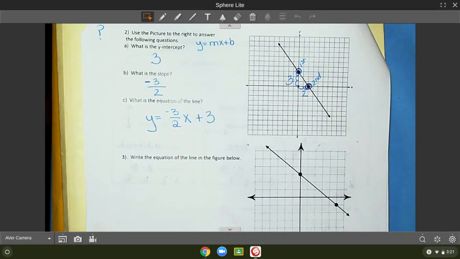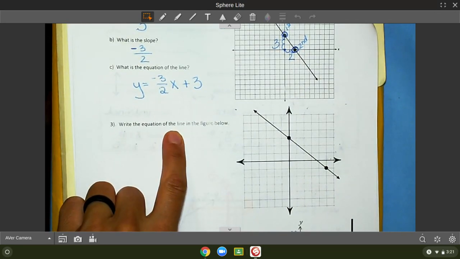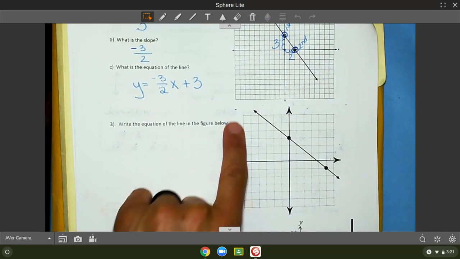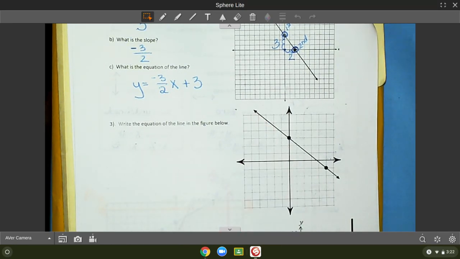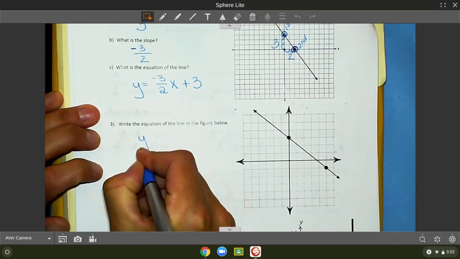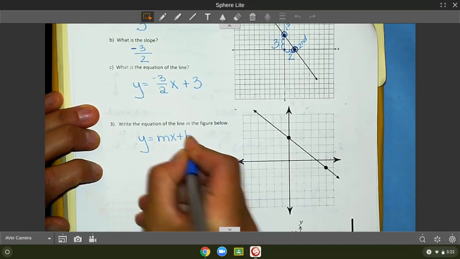All right, let's try that one again. So number 3, write the equation of the line in the figure below. So look carefully at your line. This is a diagonal line, which means we need to fill in the equation y equals mx plus b.